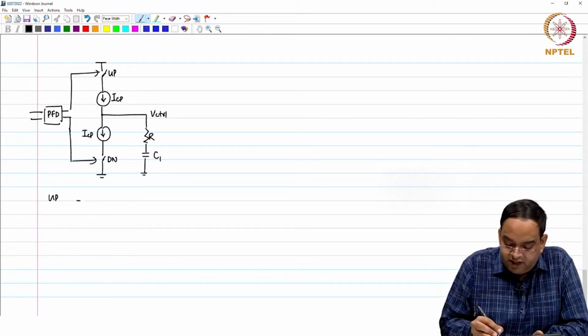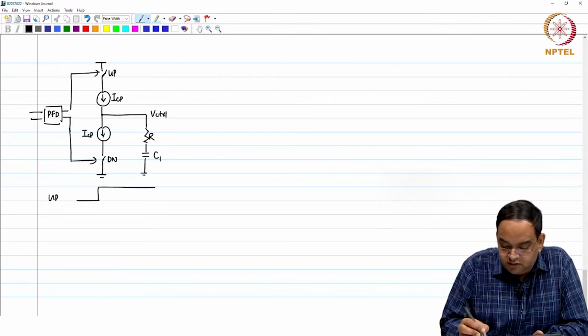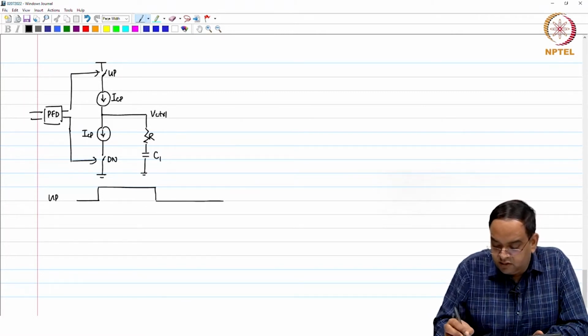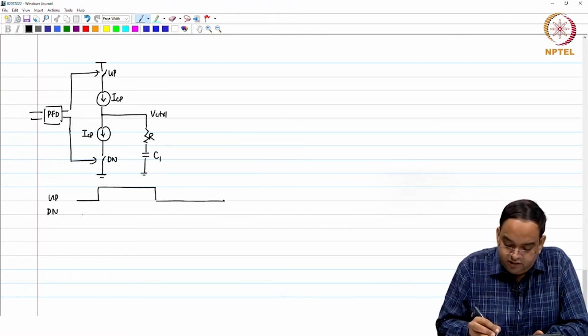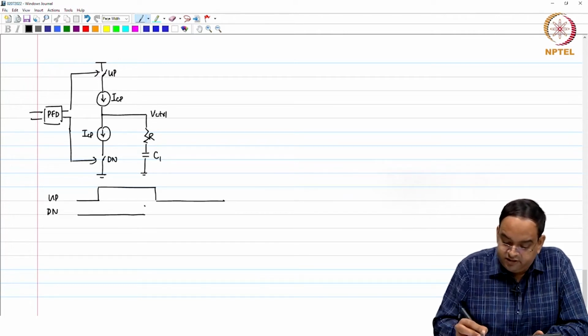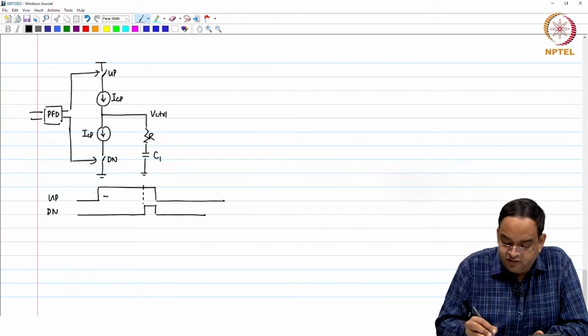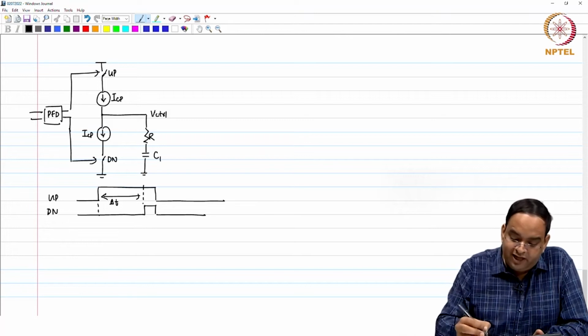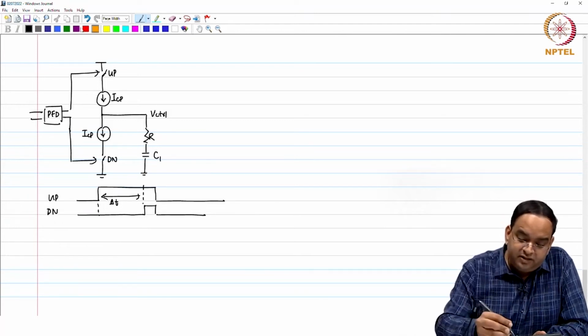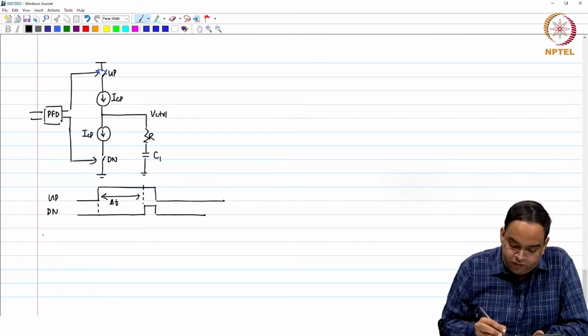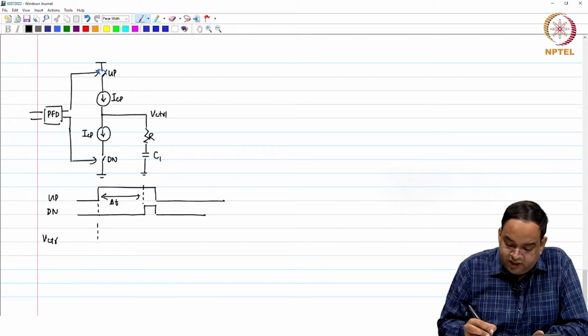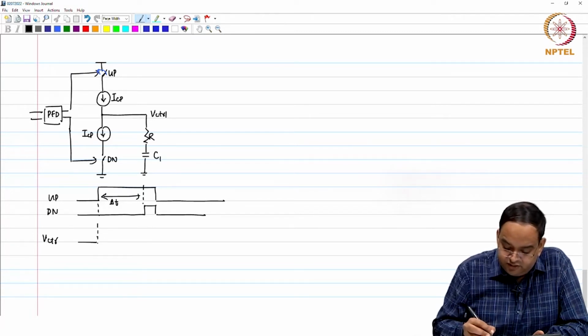So, if my up happens to be like this, okay, and the down signal is like this, these are amplified up and down signals, this is actually my phase error or delta t error. So, what will happen here is when the up signal is high, your switch is going to be closed from the top side, your V control voltage will actually increase. Okay, it will increase like this.